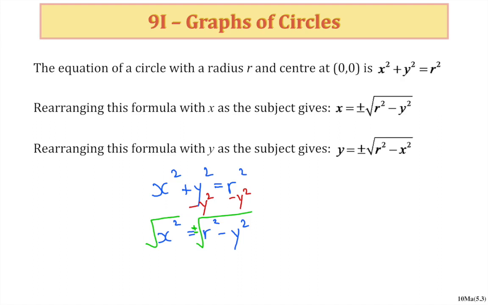So the squared and the square root cancel. You're left with x equals plus or minus the square root of r squared minus y squared, which is this rule here.